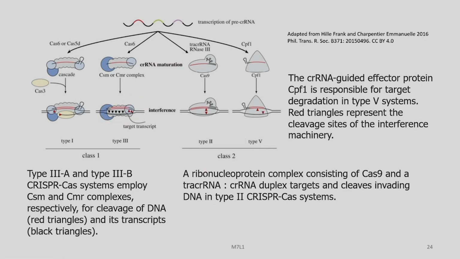In class 2, a ribonucleoprotein complex consisting of Cas9 and a tracrRNA:CRISPR RNA duplex targets the cleavage of invading DNA in type 2 CRISPR-Cas systems, while in type 5 the CRISPR RNA-guided effector protein Cpf1 is responsible for target degradation. The red triangles here represent the cleavage sites of the interference machinery. So, you can see these sites are all in different locations depending on the class and type.